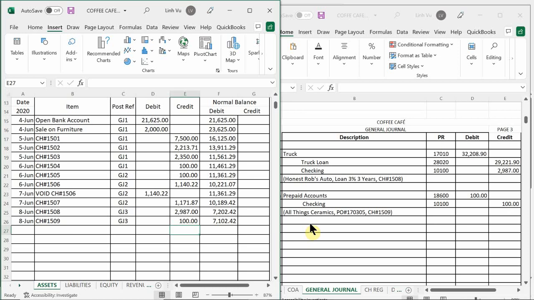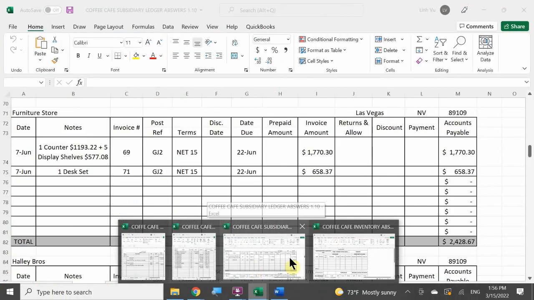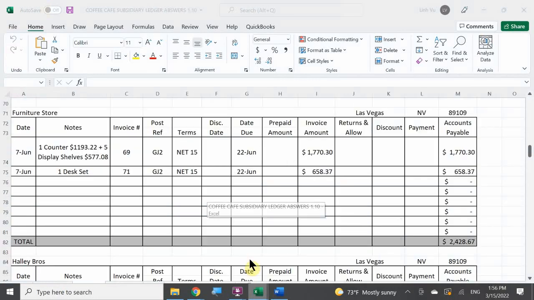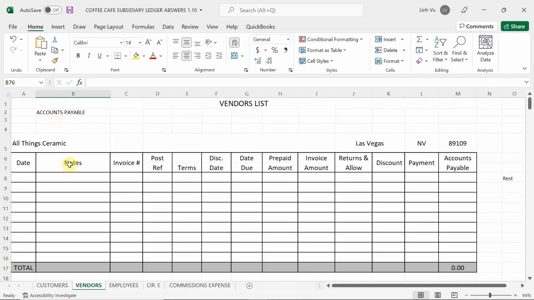So of course, I have to go ahead and go to my subsidiary ledger, right? Because now I dealt with All Things Ceramics. All Things Ceramics, here I am, right?